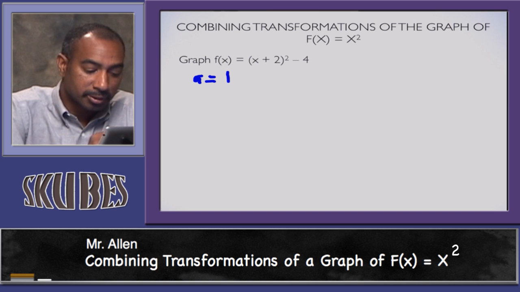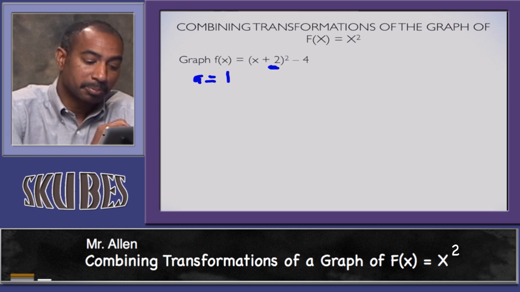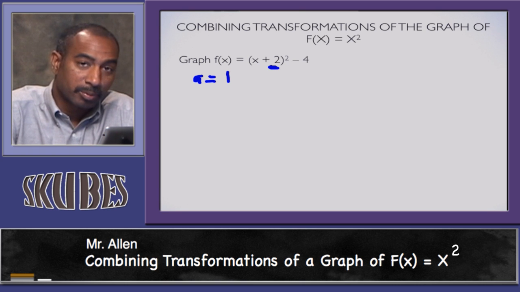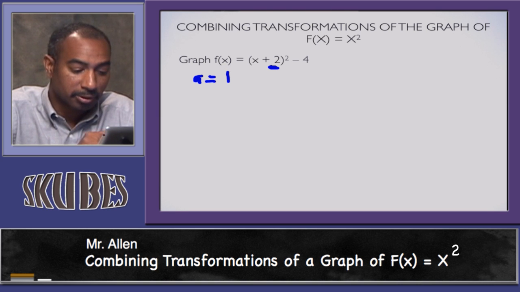But the only difference is we're going to move to the left. Be careful: I know it says plus, but remember when you solve quadratic equations, when you set it equal to 0, you have to take the opposite. So when you see addition in there, that means you're going to go to the left 2 units. And this means you're going to go down 4 units.